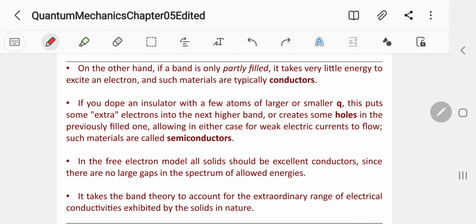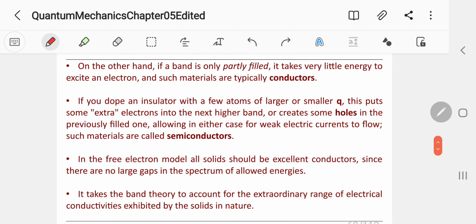So we have three materials. Insulators, which are completely filled bands, and then you have conductors, which are partially filled bands, so that you can transfer an electron from one band to another easily.